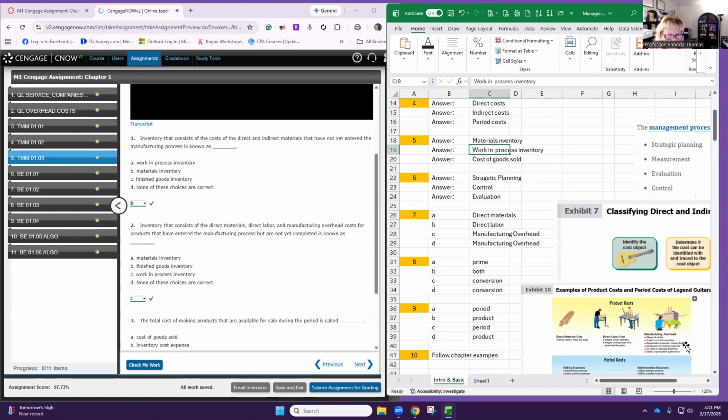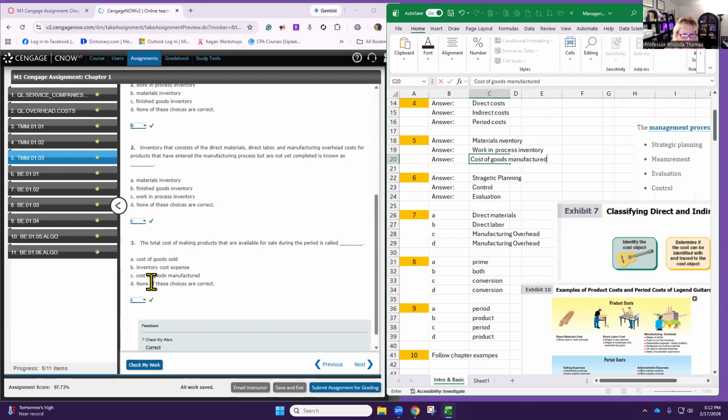And then the third one, the total cost of making products that are available during the period, is called cost of goods manufactured. Not cost of goods sold. Make sure you know that. We have an example of putting one together in number 10 here. We'll get through these pretty quick.